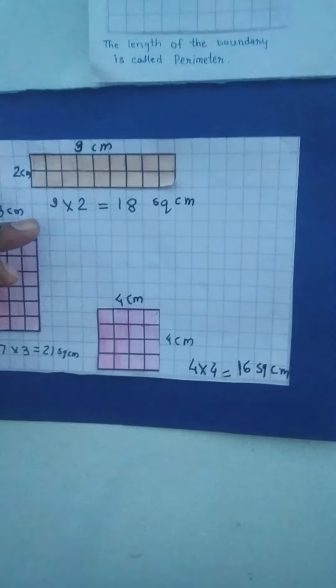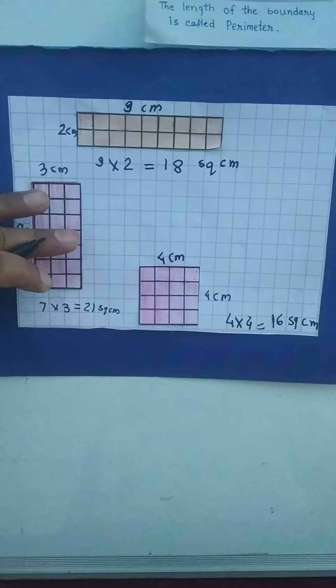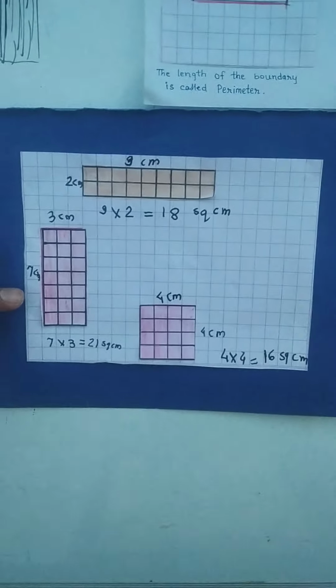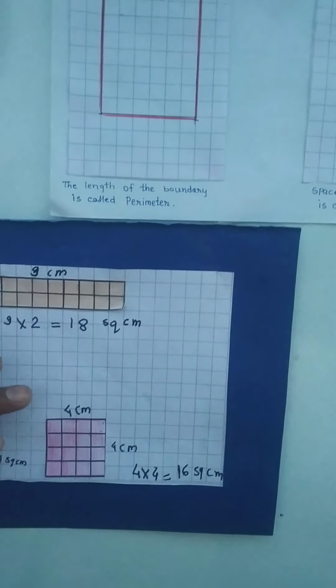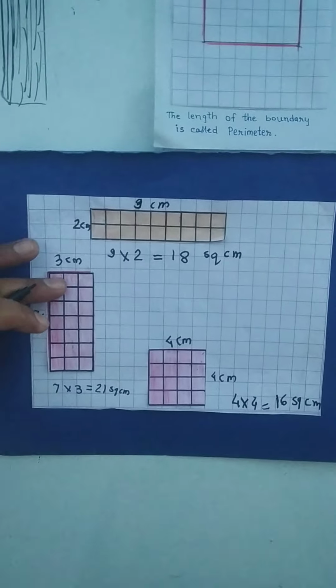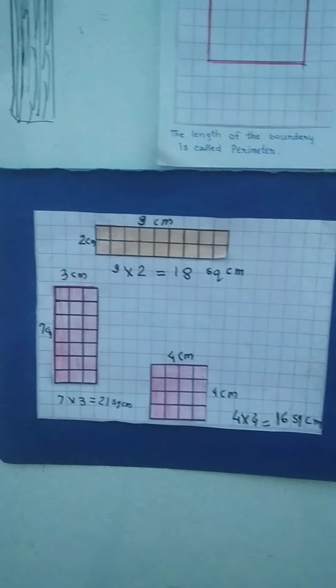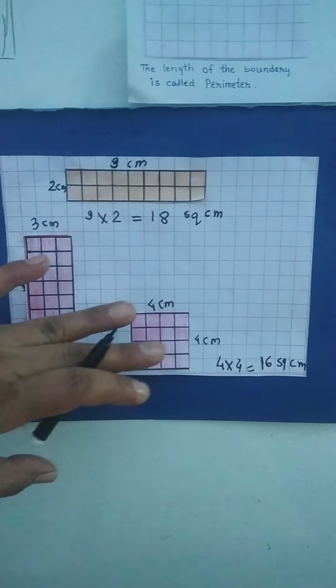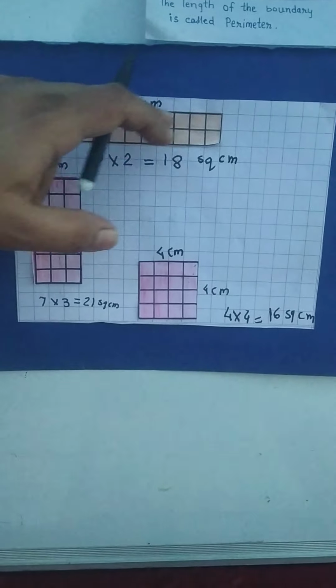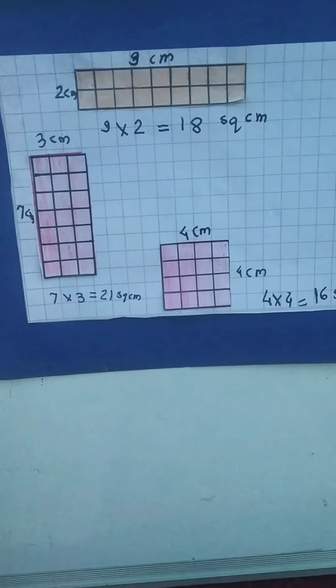This is the way to calculate the area of given shapes using the squares inside the shape. Because these are smaller shapes, we can count the squares and calculate the area.